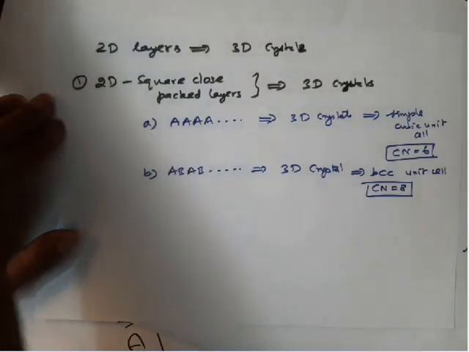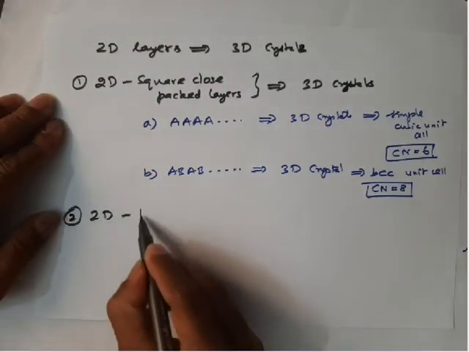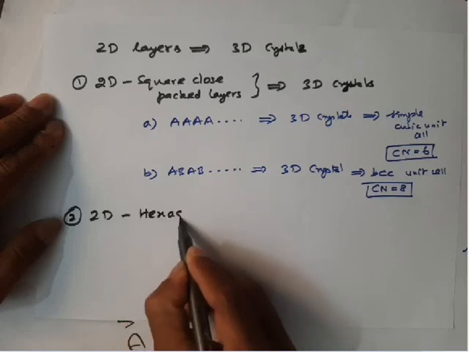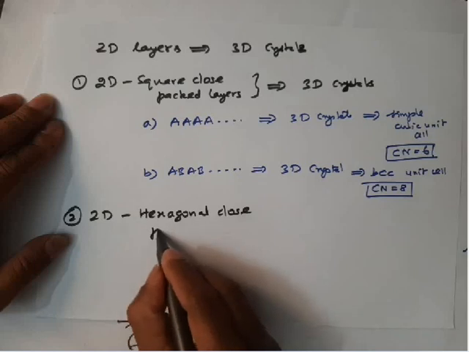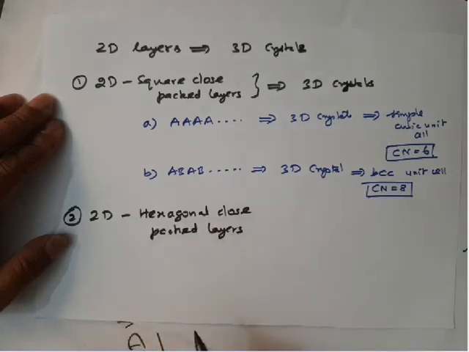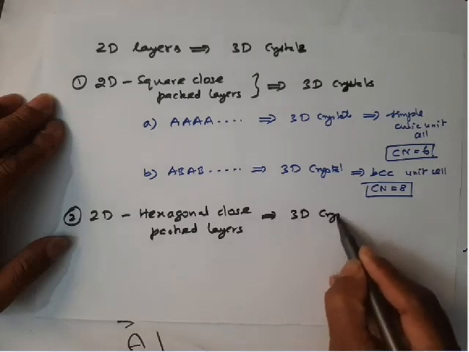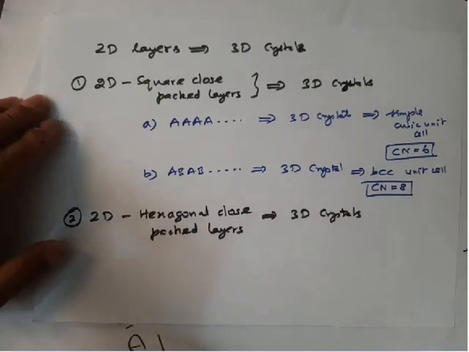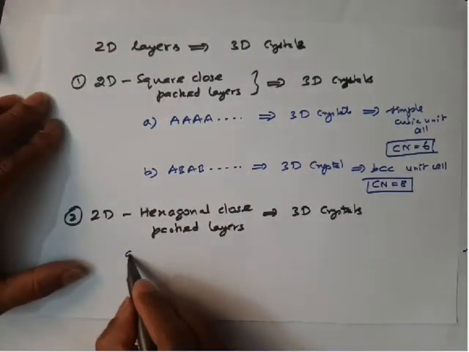Now if I take 2D hexagonal close packed layers, and if you form 3D crystals by placing these layers one over another, you will get 3D crystals. In this 3D crystal, we have two types.